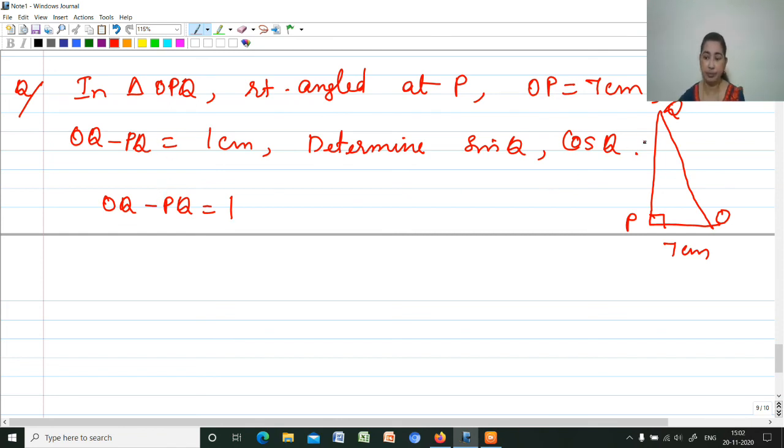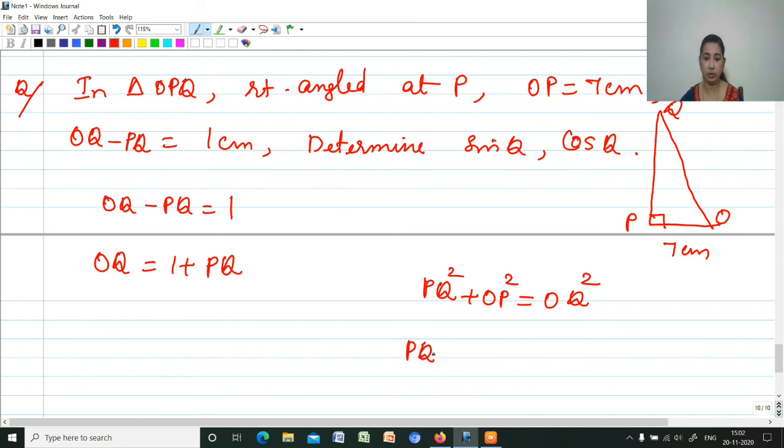And from this right angle triangle, PQ square plus OP square is equal to OQ square. Instead of OQ, what we can write from here, OQ is equal to 1 plus PQ, that we can substitute in this.